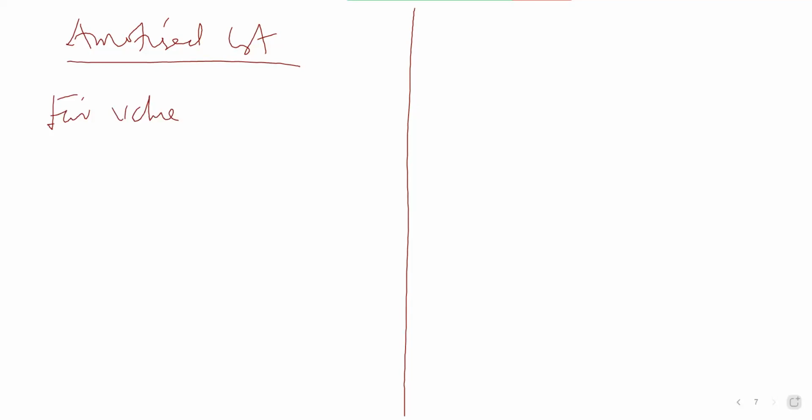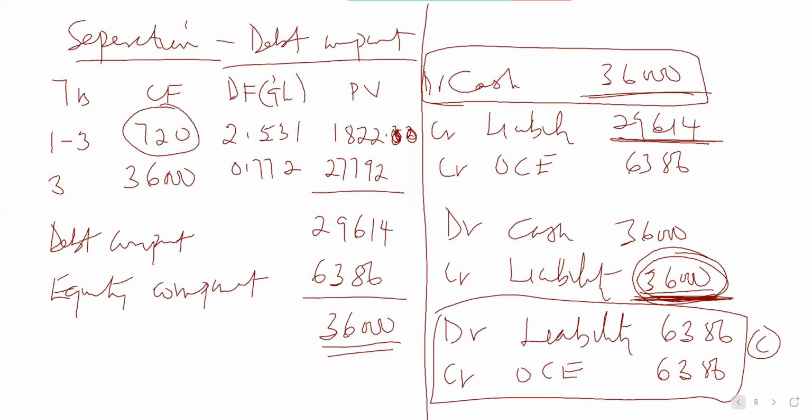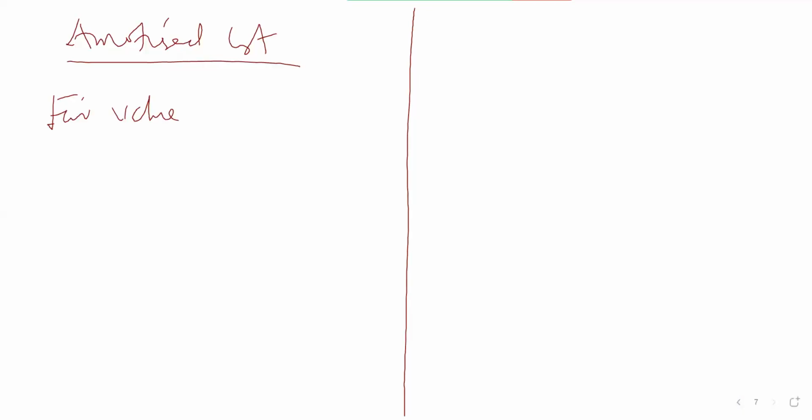So subsequently, the liability will be measured at amortized cost. So what we do is we take our fair value of the liability, which is 29614.